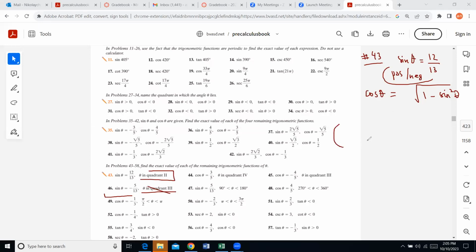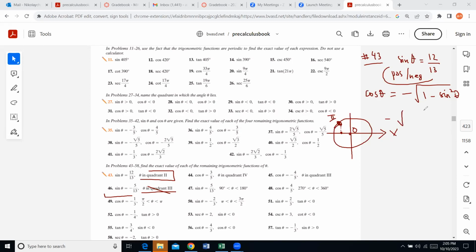Quadrant 2 has negative x coordinates, and cosine is on the x-axis, so it is negative.